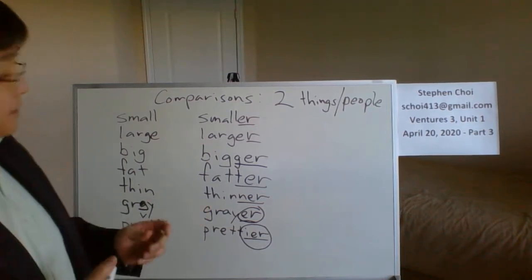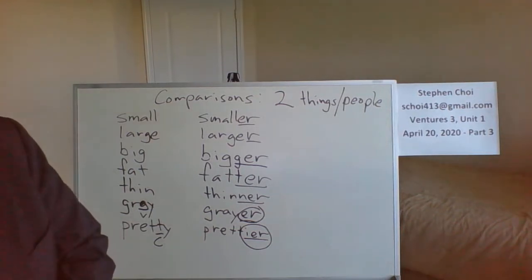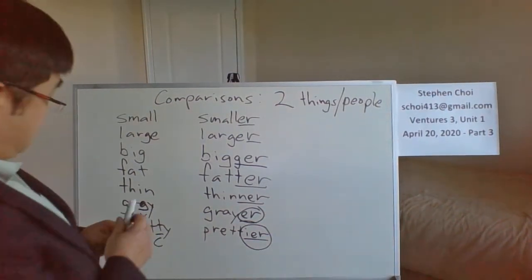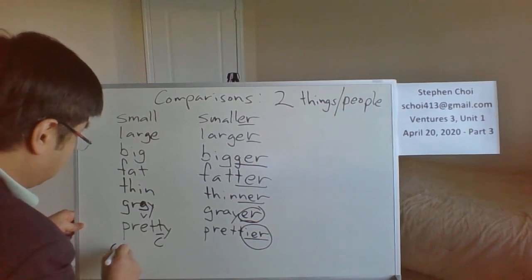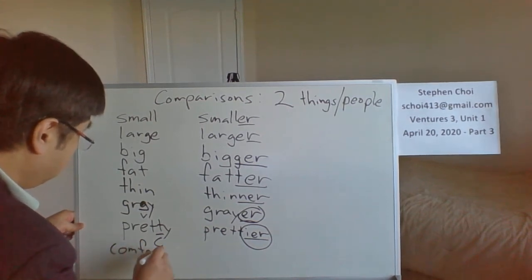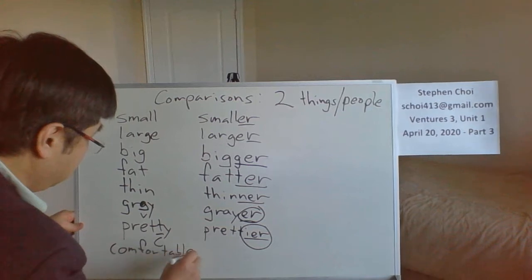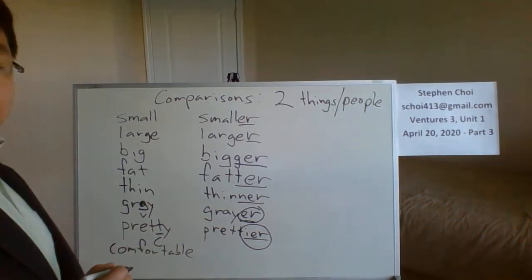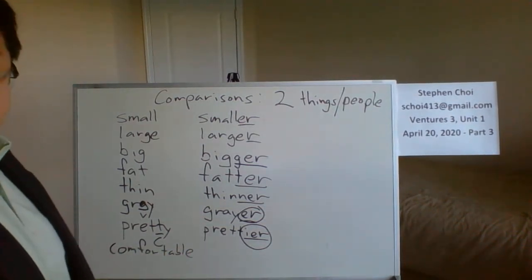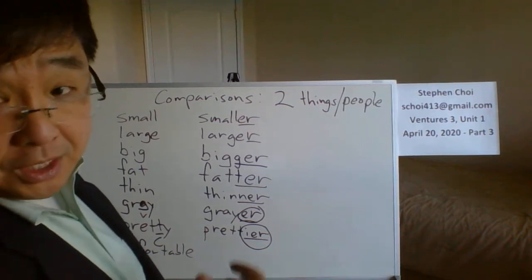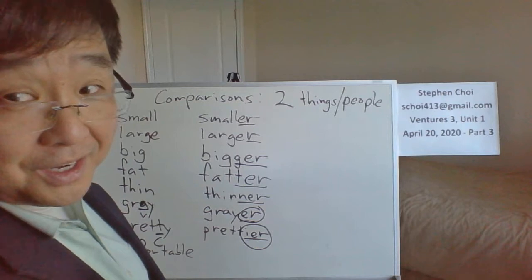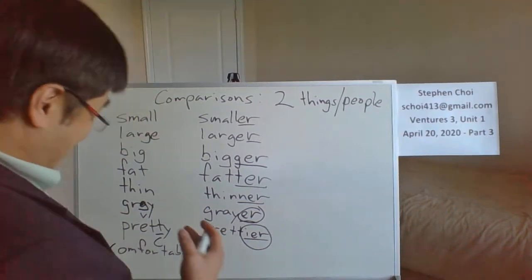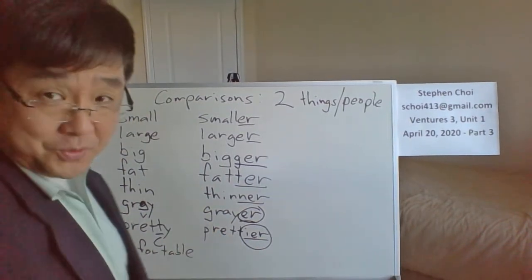Now, let's talk about maybe a long word. How about comfortable? This chair is comfortable. The second chair is comfortabler? No, you don't do that. How do you do this?